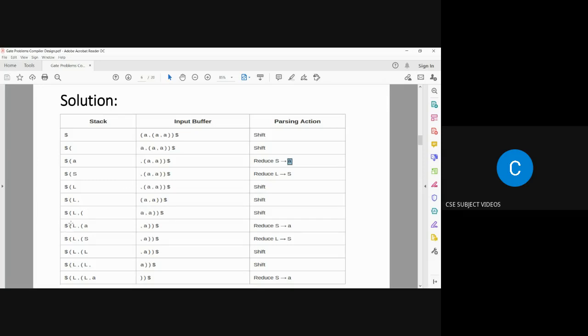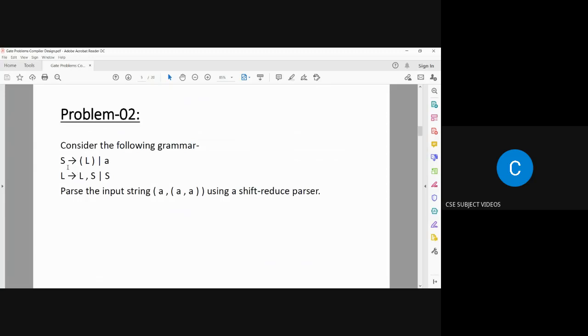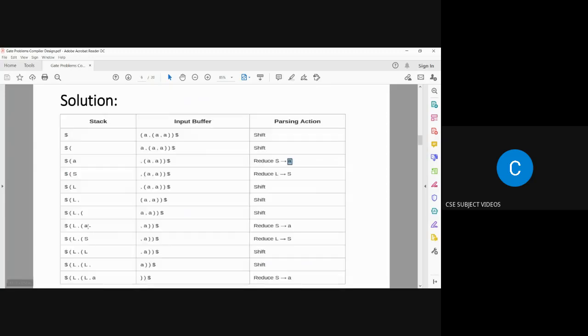Okay, dollar open bracket l comma open bracket, next input symbol a shifted to top of the stack, and then remaining input symbols comma a close bracket dollar. Okay, with this step what we will do next, shift or reduce. With this step we can reduce a by s, according to our first production, s tends to a. So a reduced by s.